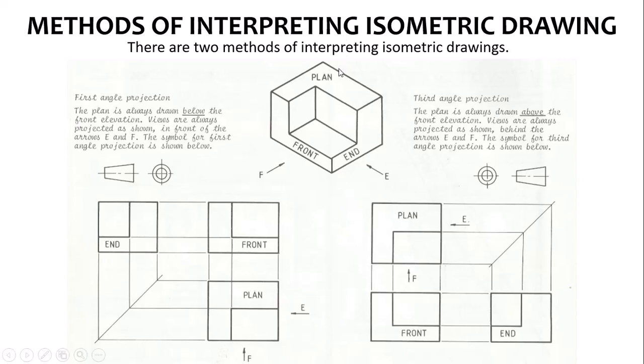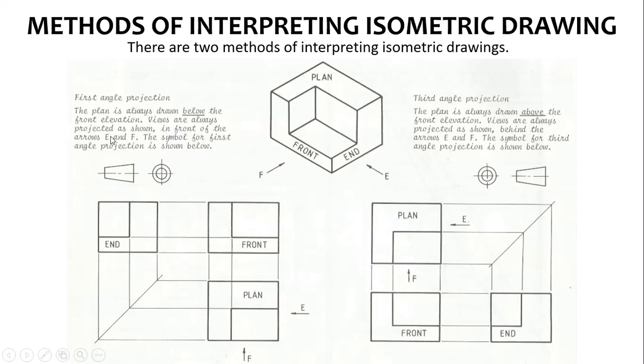For the plan, you could also do something similar. The plan, if you put an arrow at the top here, the arrow is going to be pointing downwards, and the drawing will be below the arrow for the plan.